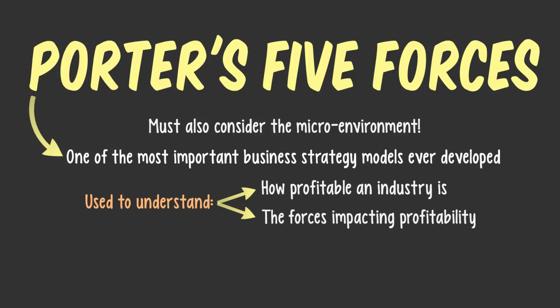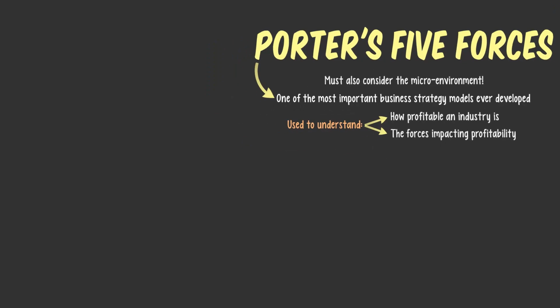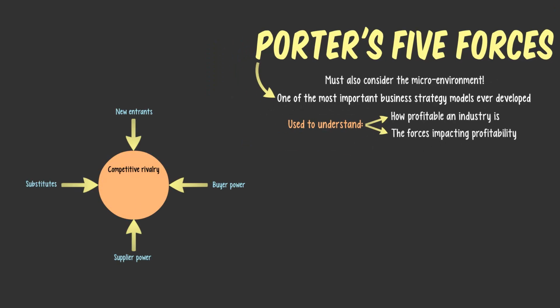And the second way it's used is for organizations to understand the forces that are impacting upon the industry, and specifically are impacting the profitability of the industry. And then once that's understood, the organization will then be able to make changes to make themselves more profitable once again.